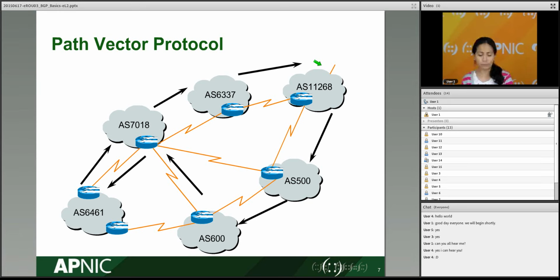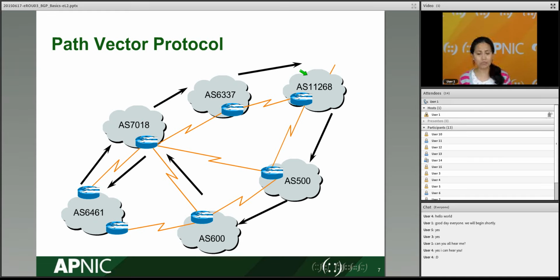So announcing goes this way until AS6461 now has a route entry going into AS11268, and if it is in the routing table, it has the AS path. I know that to get to AS11268, I have to pass through, say, AS7018, AS6337 before I get to my destination.